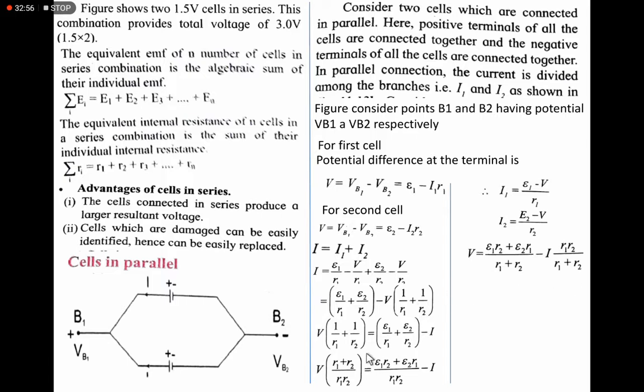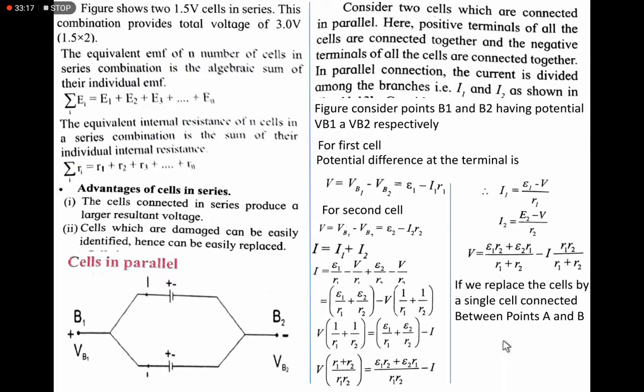Okay, simply this bracket to the left hand side, it is multiplying, so it will be divided over these two terms, that is this term and this one. So the equation for the potential will be here.